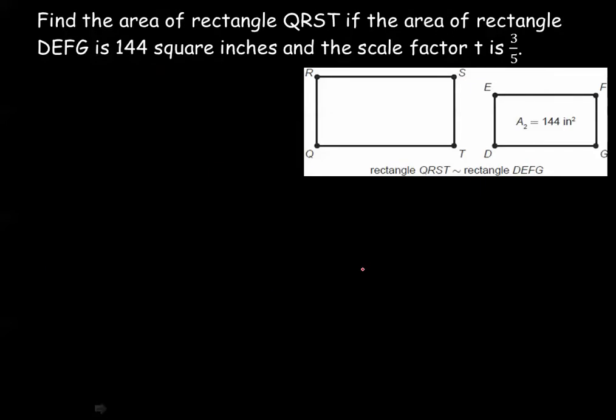This next one says find the area of rectangle QRST if the area of rectangle DEFG is 144 square inches and the scale factor is 3/5. So notice in this one, we're looking for the area. They've already given us our scale factor and the area of one of the rectangles.